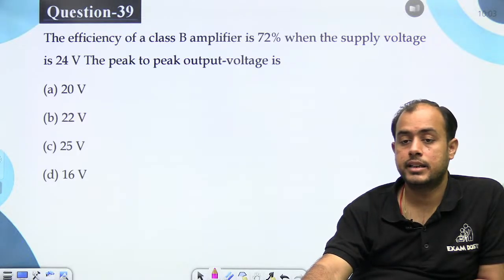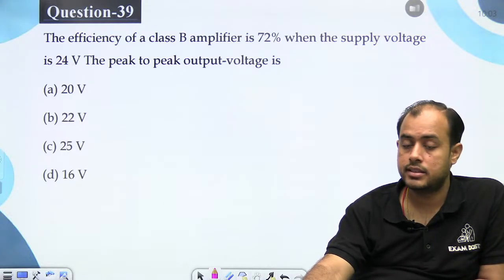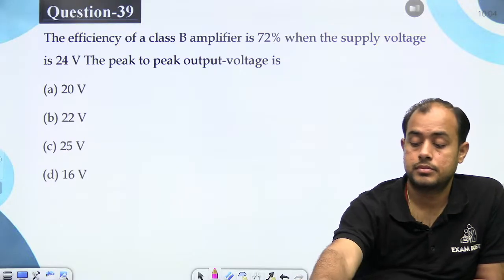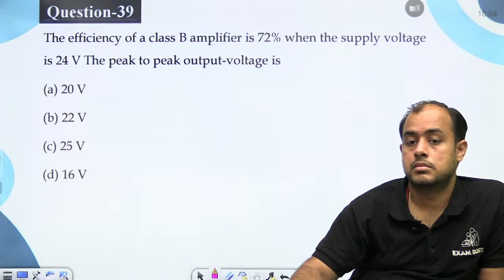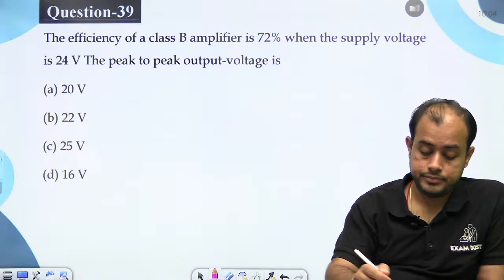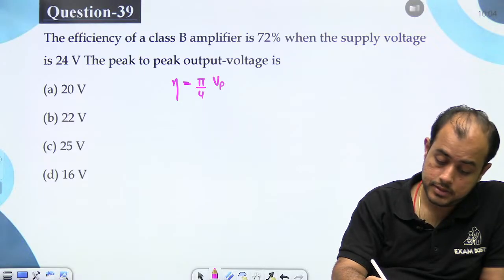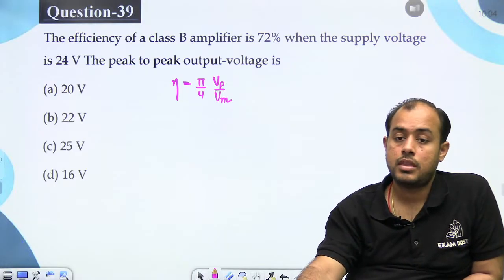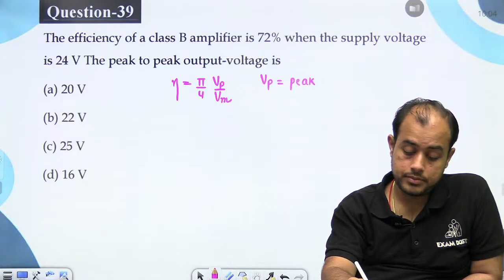Just a minute. Let me check. कि वोल्टेज अगर RMS है तो एफिशिएंसी से आउटपुट RMS आ जाएगा. तो यहाँ एफिशिएंसी का direct formula लगाना पड़ेगा. ओके, तो VP is basically peak V naught.